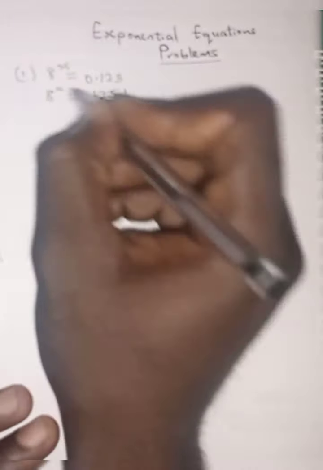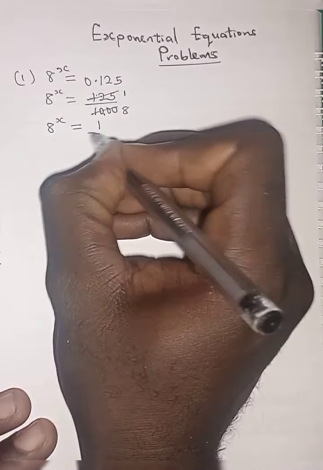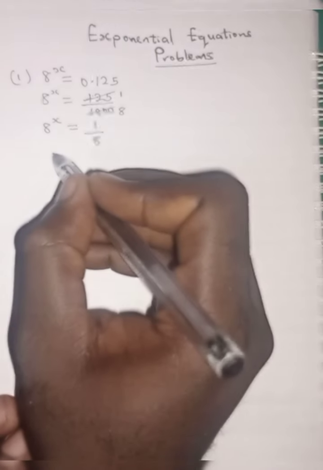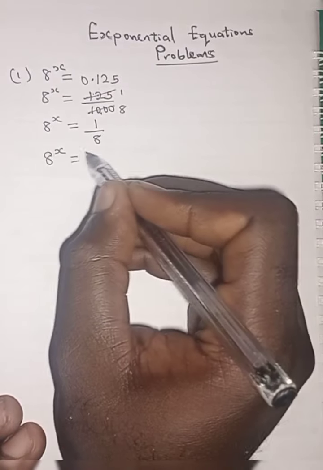So to make it faster, we have 8 raised to power x equals 1 all over 8.